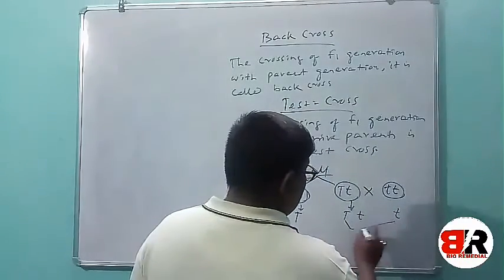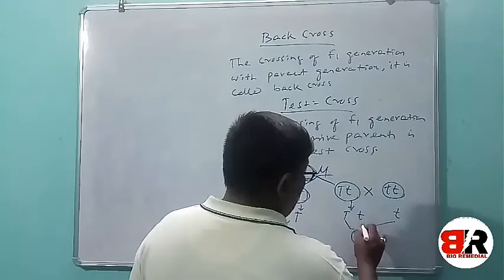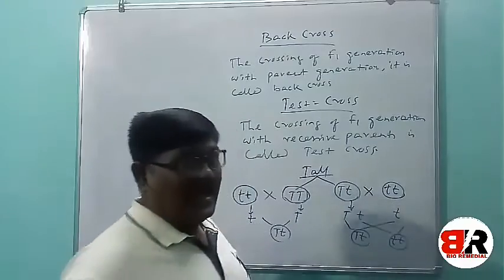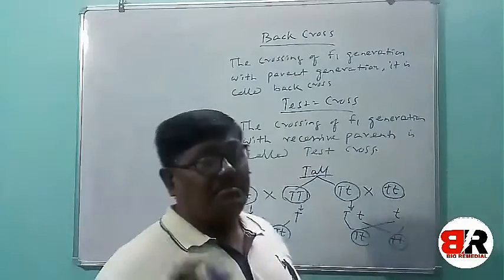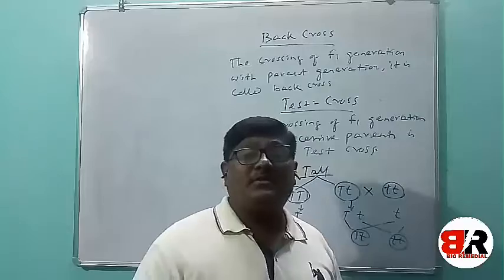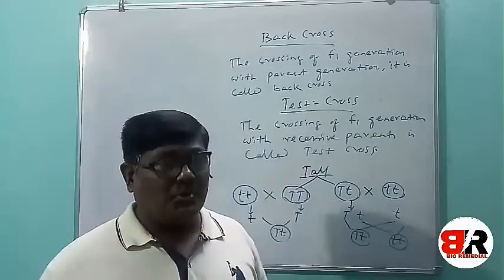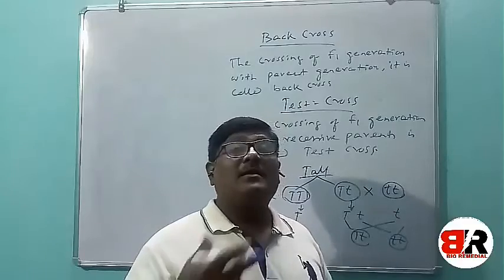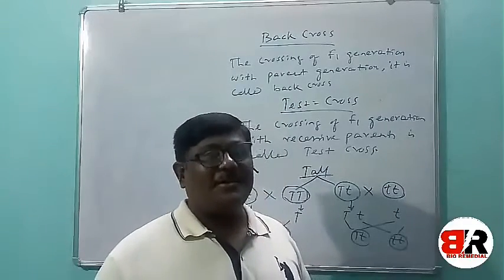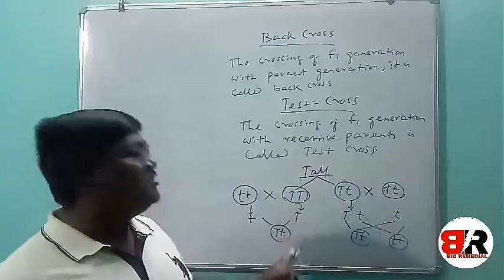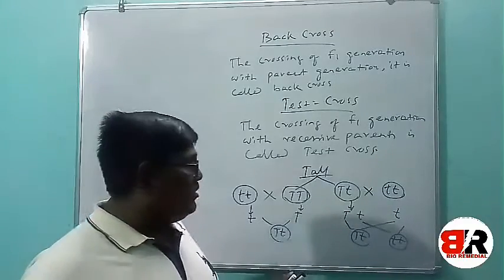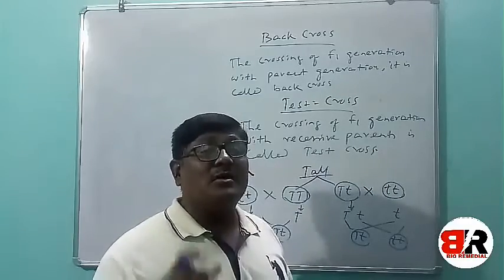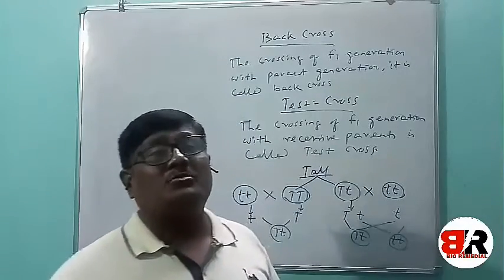Then there will be chances of tall plants and chances of dwarf plants. That means if dwarf plants are produced after the test cross, definitely the given plant is in heterozygous condition. If the given plant is homozygous, there are no dwarf plants, all will be tall. If it is heterozygous, both tall and dwarf plants will be produced.